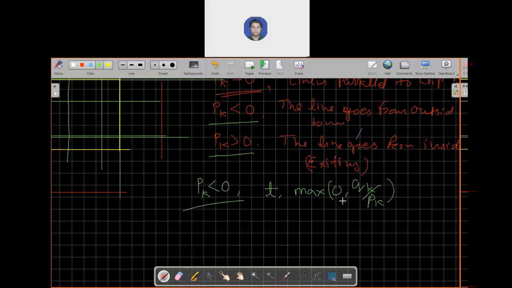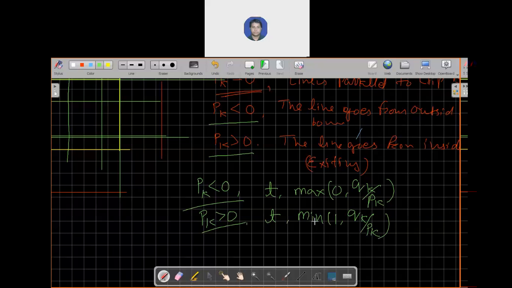Whichever value is greater you will pick. And if your pk value is greater than 0, it means you are exiting from your clip window, then the value of t you will pick is the minimum of 1 or qk by pk. So this is your condition.